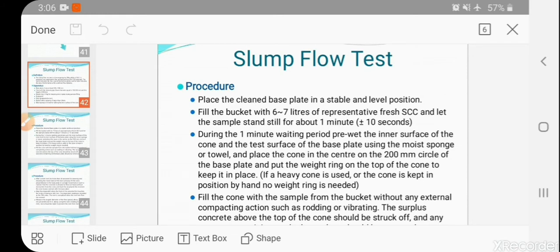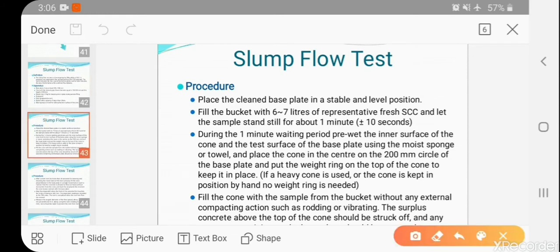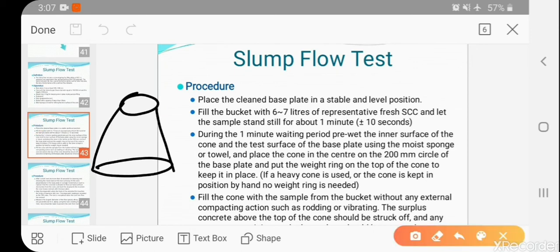Next, procedure. With the help of the cone, place the cleaned base plate in a stable level position. It means this surface should be very clean and level. Fill the bucket with 6 to 7 liters of representative fresh SCC. Let the sample stand still for about 1 minute plus or minus 10 seconds.